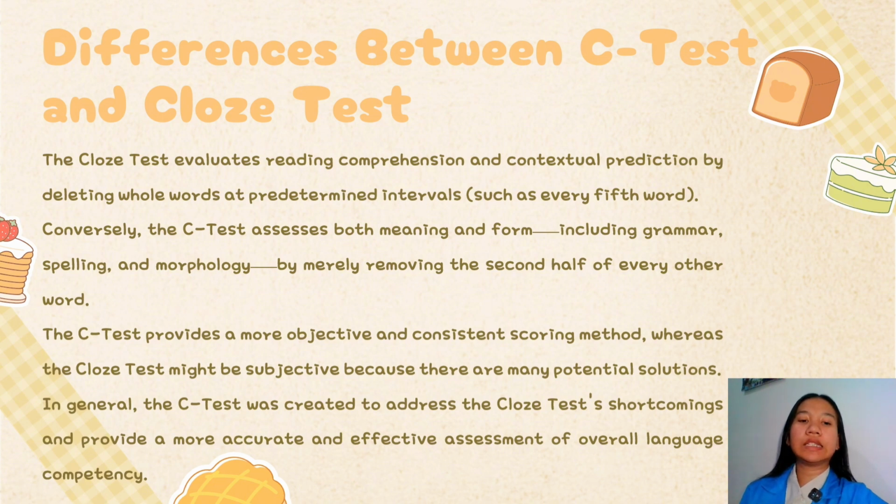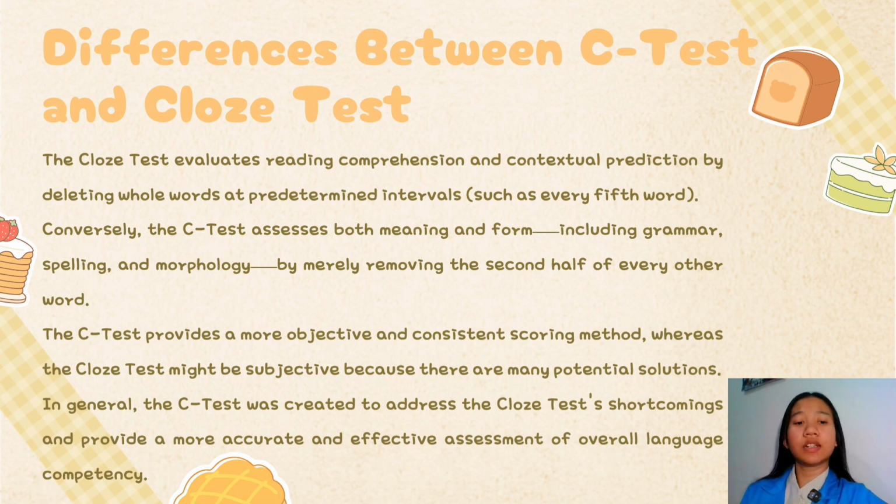Conversely, the C-test assesses both meaning and form, including grammar, spelling, and morphology, by merely removing the second half of every other word. The C-test provides a more objective and consistent scoring method, whereas the cloze test might be subjective because there are many potential solutions.